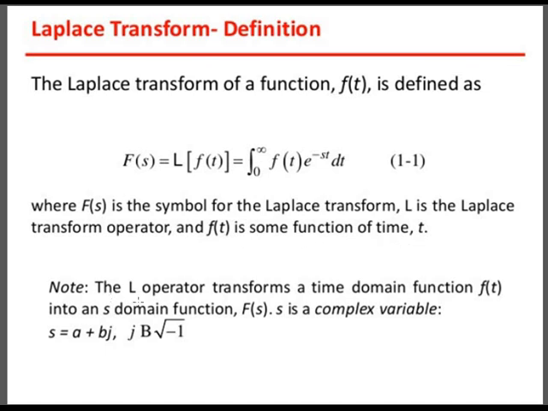Note, the L operator transforms a time domain function f of t into an s domain function F of s. S is a complex variable where s is equal to a plus bj, where j is the square root of minus 1. We know that the square root of minus 1 is nothing but the value of j, the imaginary term i.